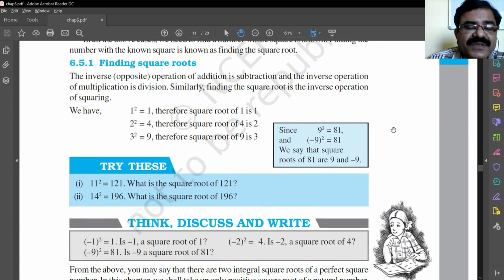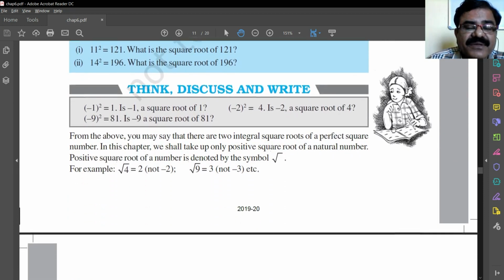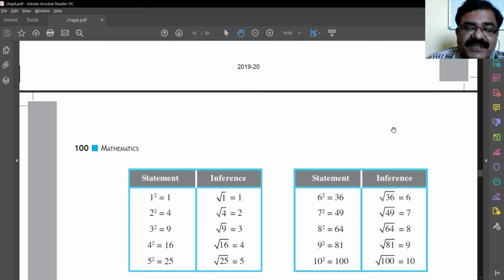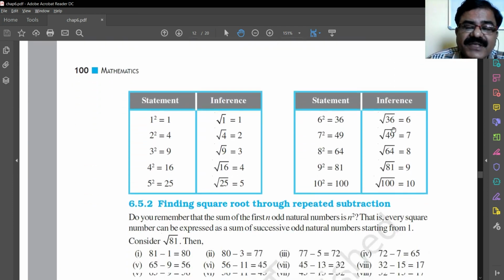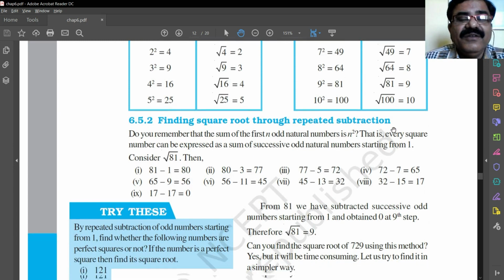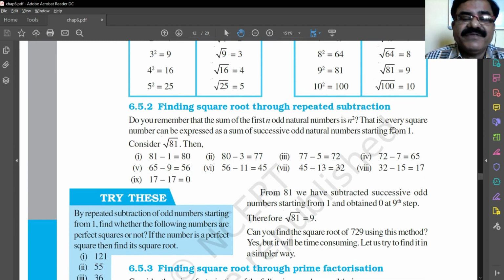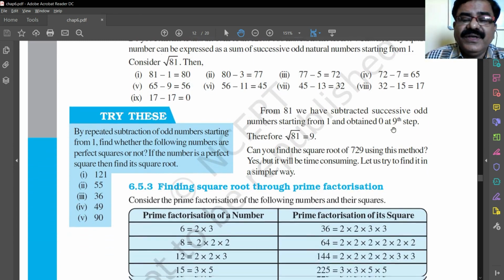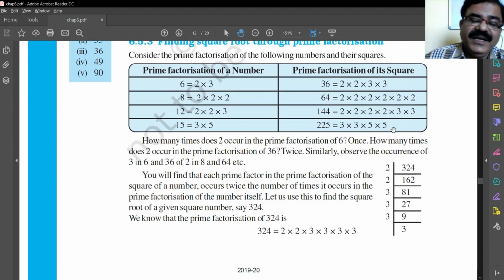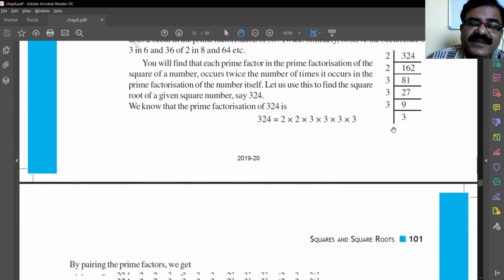Finding square roots. A square root can be obtained by the division method and by the factorization method. We can also use the repeated subtraction method. Any of these methods can be utilized.